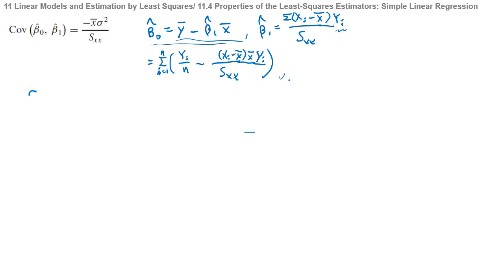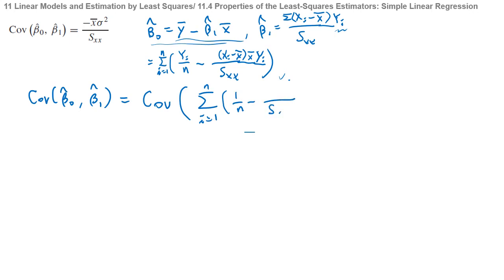Because to calculate the covariance of beta 0 hat and beta 1 hat, we can re-express this as the covariance of the sum of i equals 1 to n of (1 over n minus 1 over Sxx times (xi minus x bar) times x bar) times yi, comma, and this part is the sum of i equals 1 to n of 1 over Sxx times (xi minus x bar) times yi. Okay, we can re-express it this way.